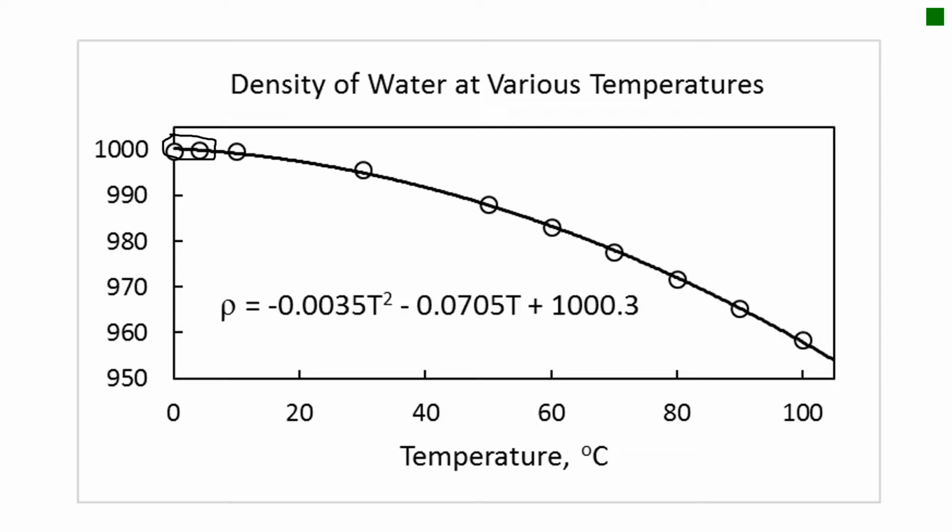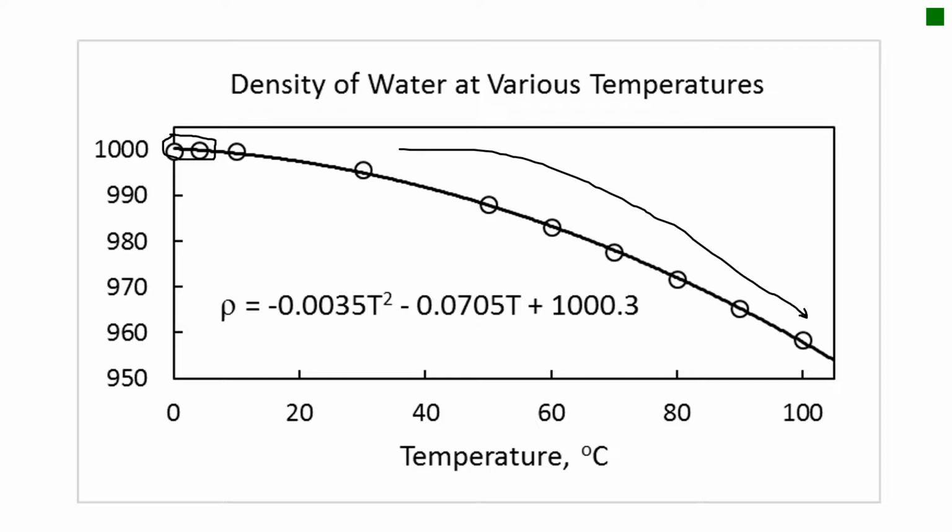But as the temperature starts to increase, the density starts to decrease, and as we approach 100 degrees C, our density is close to 960 kilograms per cubic meter.